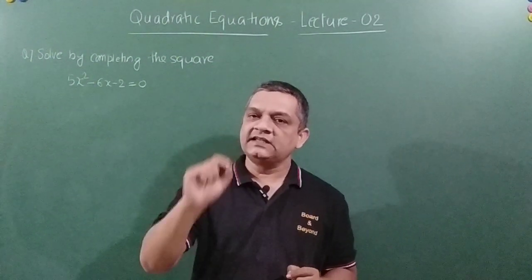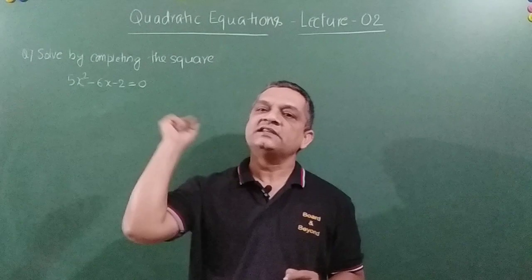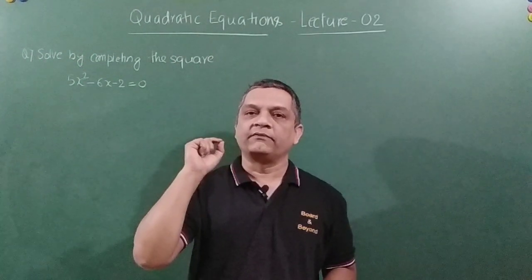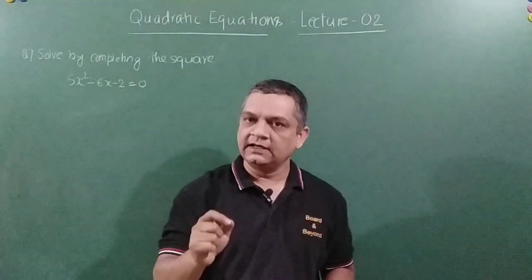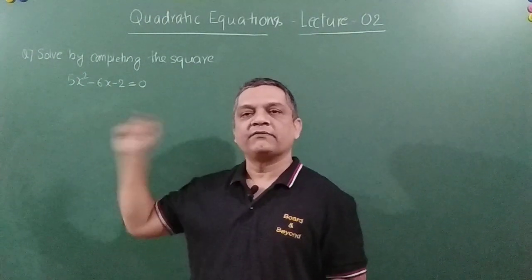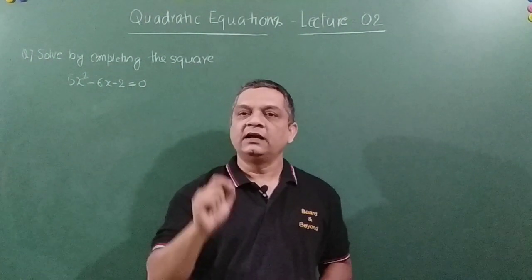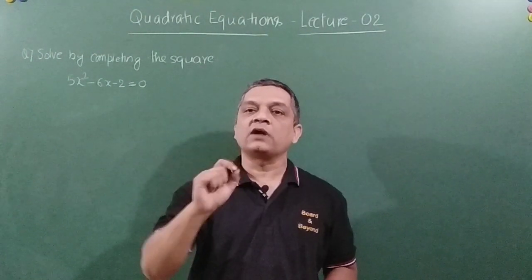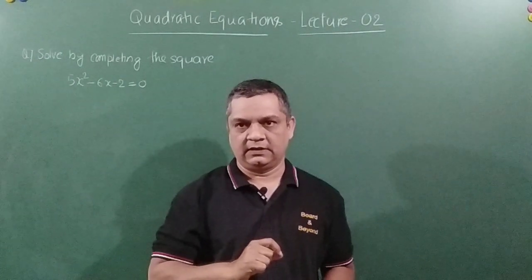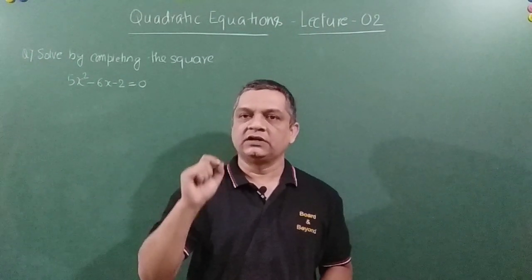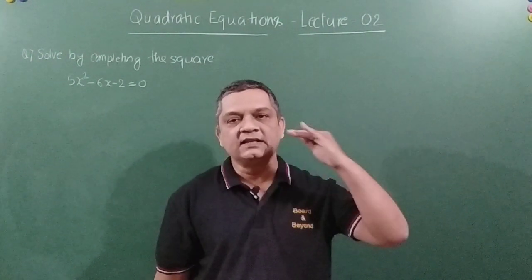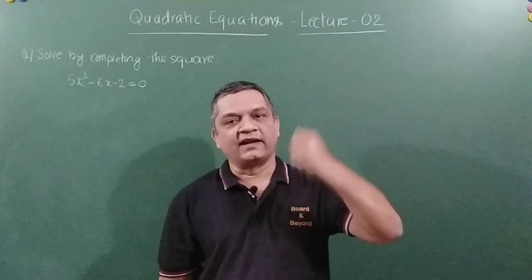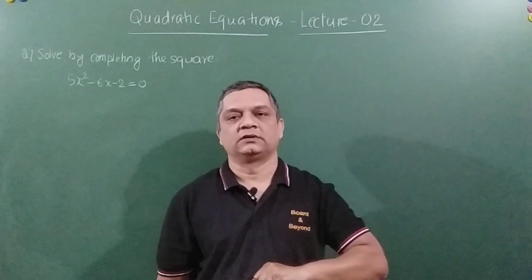Then after seeing one or two problems, we will generalize the formula for finding the values of x by the method of completing the square, and then we will try to understand what is the discriminant, okay, and what are the different conditions on which we can say that this quadratic equation will have real roots, imaginary roots, and real and equal roots, right?